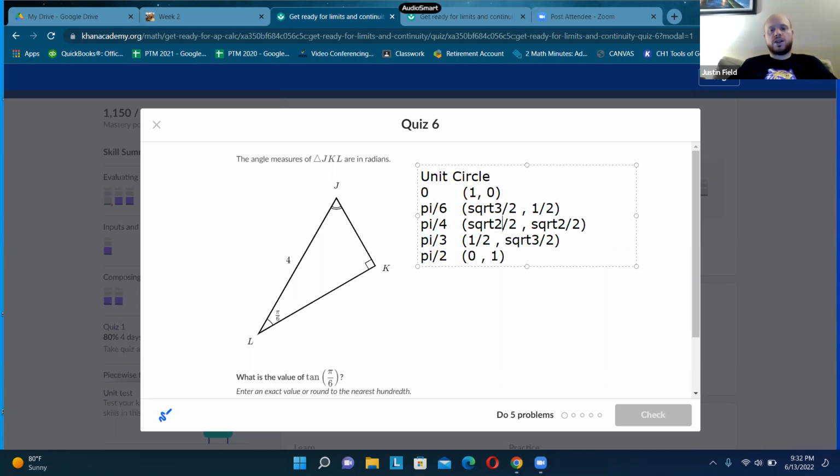So hopefully you see the symmetry in the unit circle here, and hopefully you also see the descending values. Square root of 3 over 2 is the second biggest value. Square root of 2 over 2 is right in the middle. 1/2 is the second smallest value. 0 is the smallest value. And then the y coordinates go in reverse.